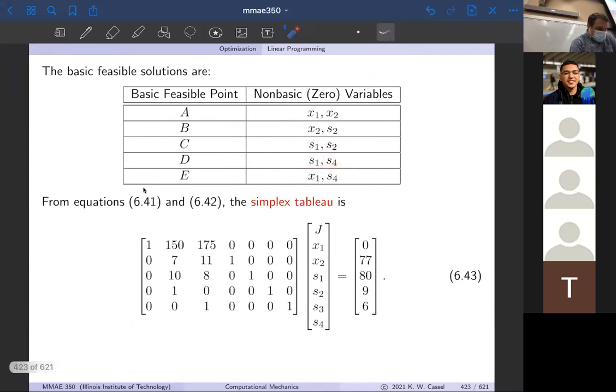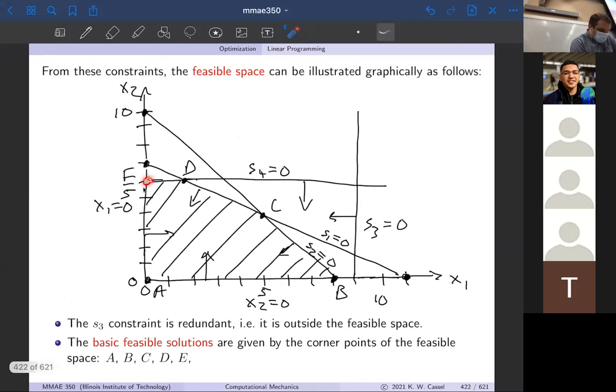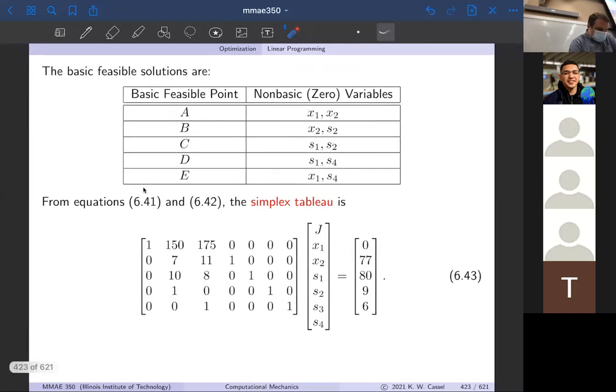E is when X1 and S4 are equal to 0. So again, there's 2, and you don't have to do this table. I'm just doing it to map out where things are going to go and what the possibilities are. It's not necessary, but it helps me see which 2 variables are going to be 0, and therefore in the non-basic set, for each of these 5 points.